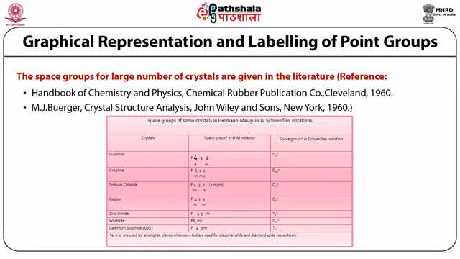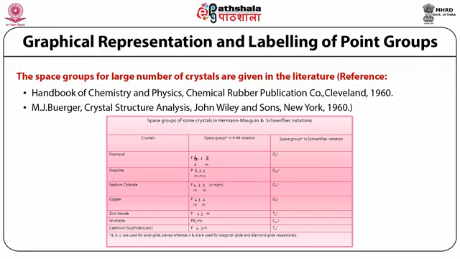Sodium chloride. The space group in HM notation is capital F 4 by m, 3 bar, 2 by m, which is equivalent to F m 3 m. Corresponding to it, the space group in Schoenflies notation is capital O with a subscript h, superscript 5. For copper, the space group is capital F 4 by m, 3 bar, 2 by m.